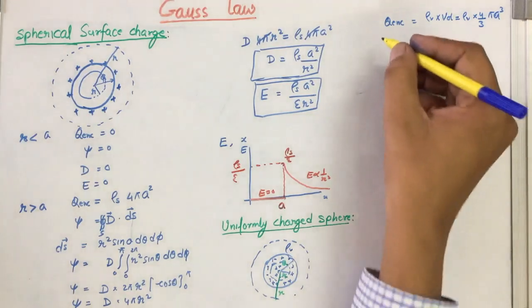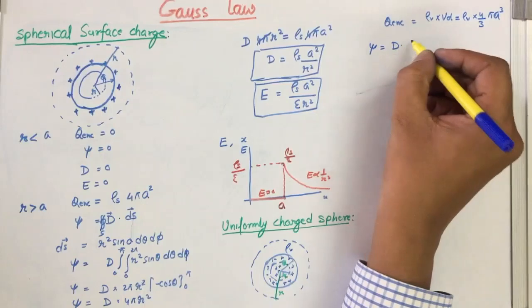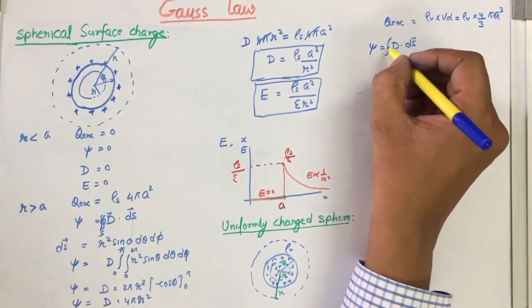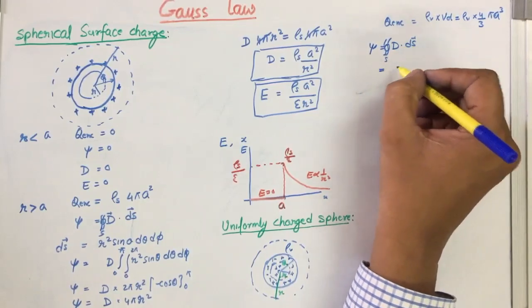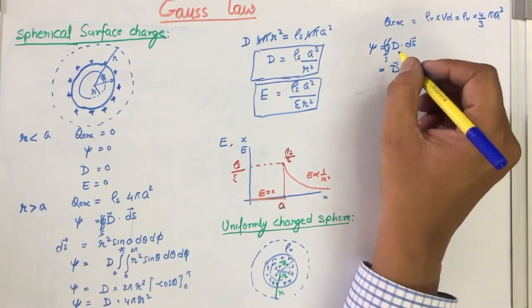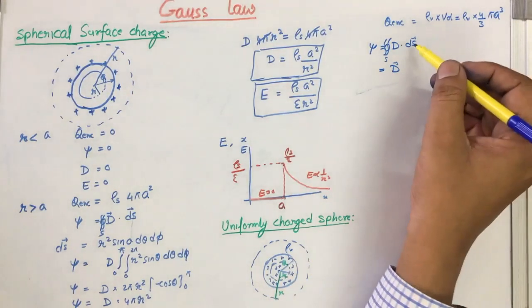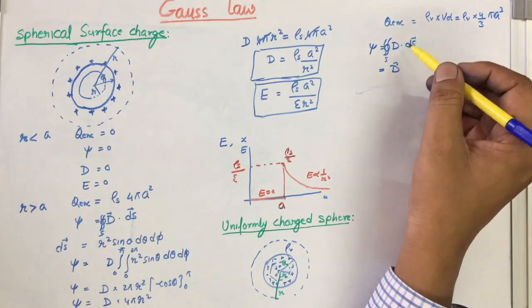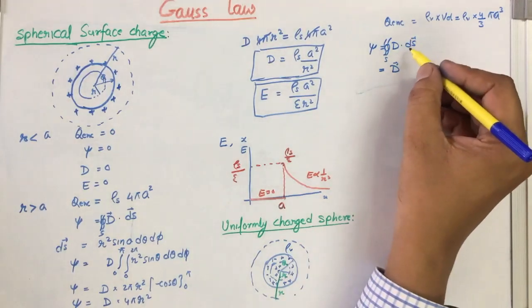And the flux will be D dot dS. The direction of D will be in the direction of the radial vector, and dS will also be normal to the surface. That will be exactly the same as the direction of D, so the dot product will give you 1.